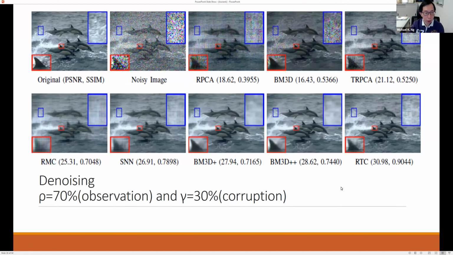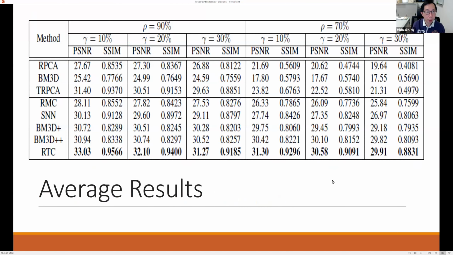So you see that visually you can get a better result. And also the PSNR or SSIM is also better compared with the other methods. This is the average result for a color image database. We compare all the methods, so this is the numerical comparison.